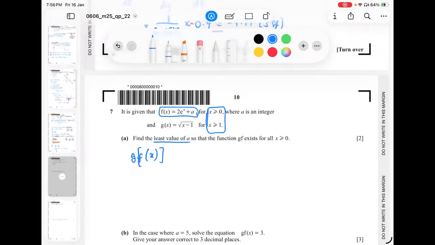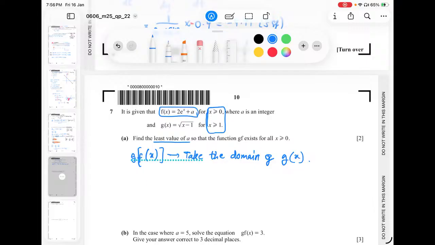you need to now take the domain of g with respect to f(x), the domain of g(x). So basically the domain of g(x) is starting from x equal to 1.